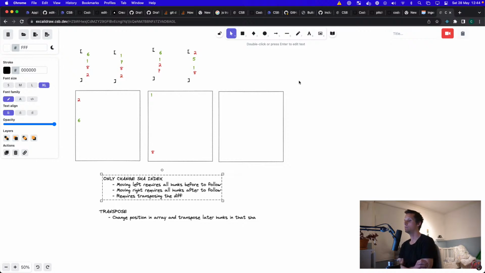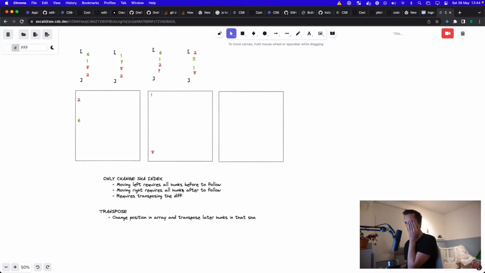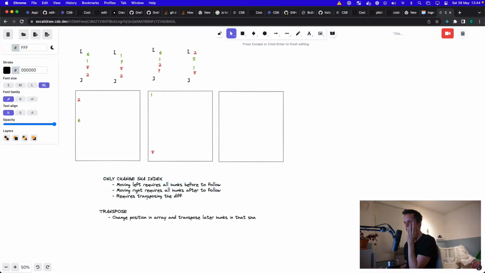I'm leaning a lot towards this, because this split of only transposing the diff just adds complexity. If we didn't show diffs, if we were just creating file contents, then this would definitely be the easiest way to go.